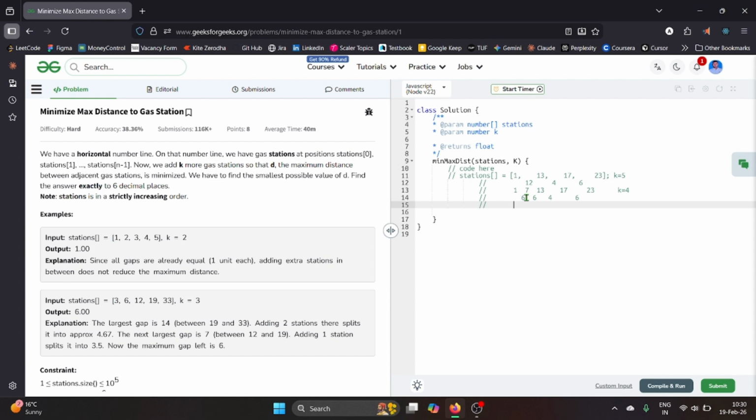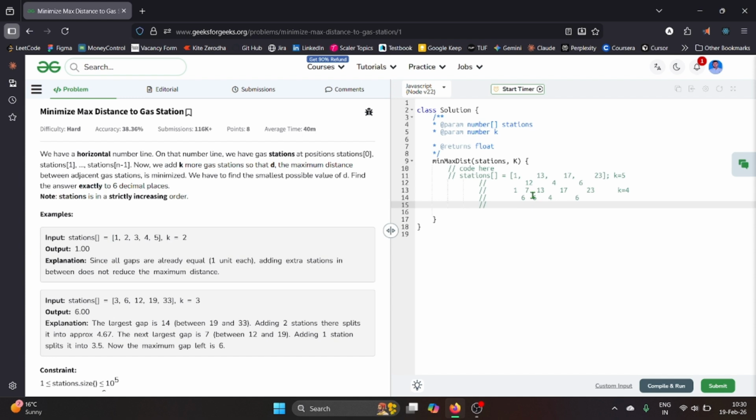So at the initial position the maximum distance is 6. Okay, so we can put the next gas station over here, dividing in between.